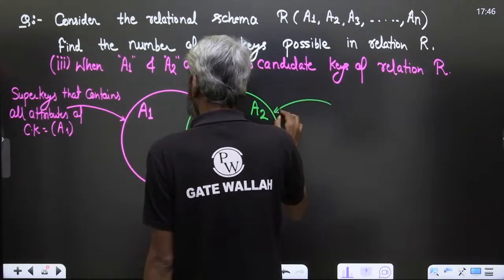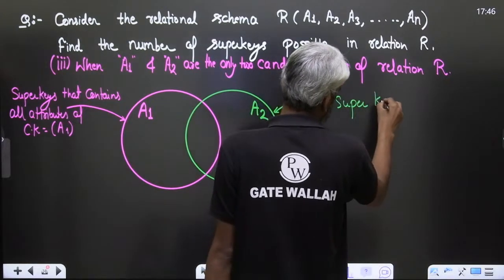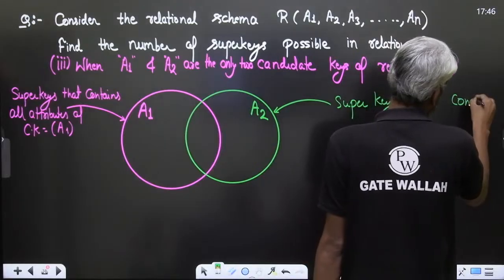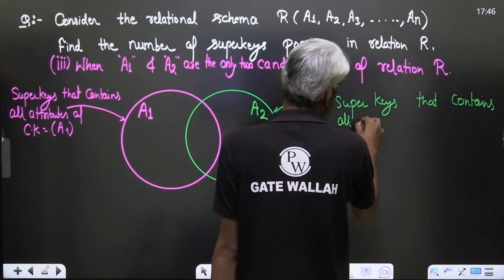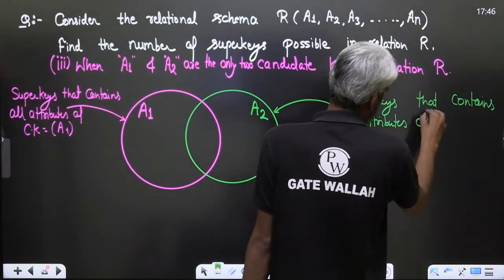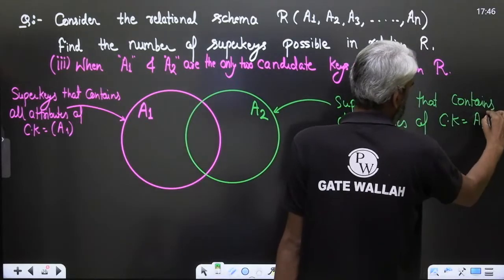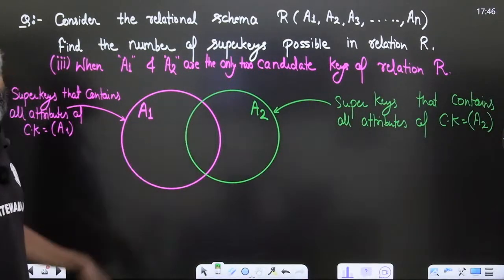And this is the set of super keys that contain all attributes of candidate key A2. Now there will be some super keys in common.